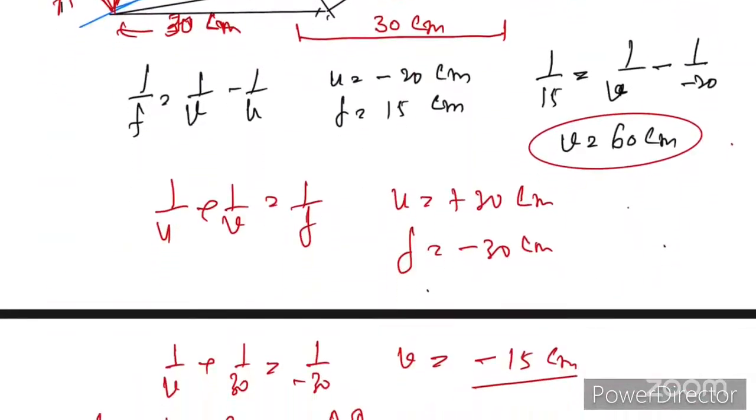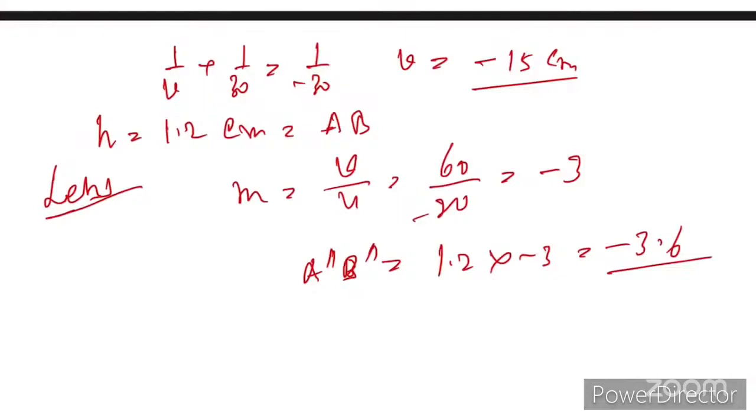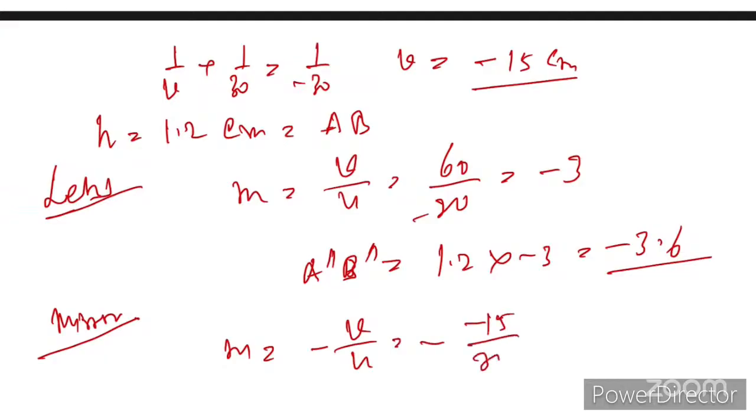Now let us see what the mirror magnification is. Mirror magnification is minus V upon U, and that is minus minus 15 upon 30, and this is basically plus 1 by 2.